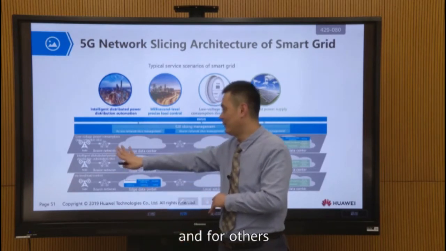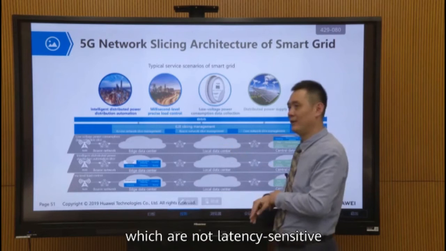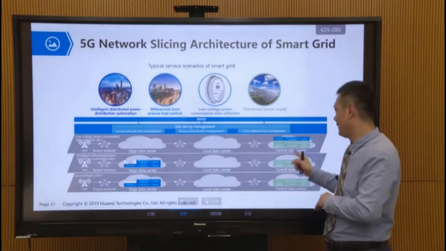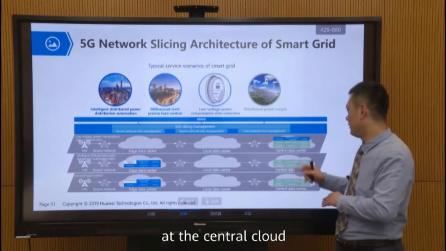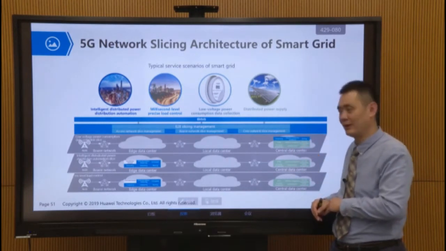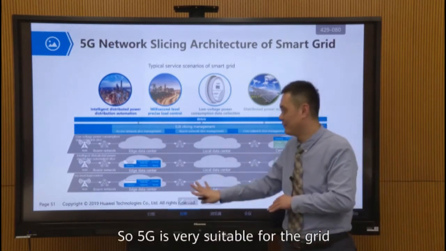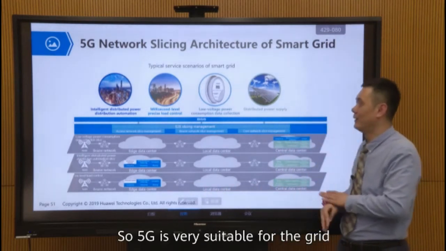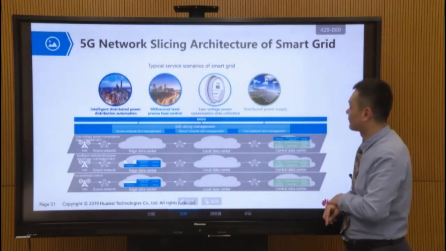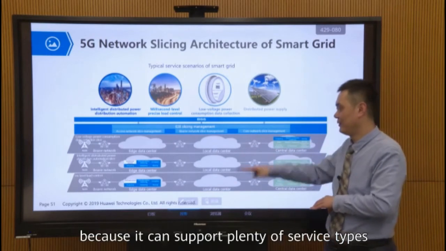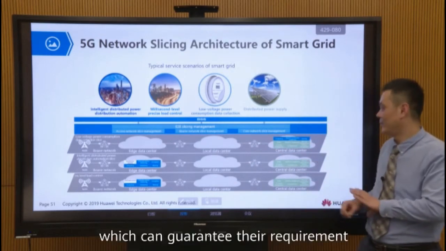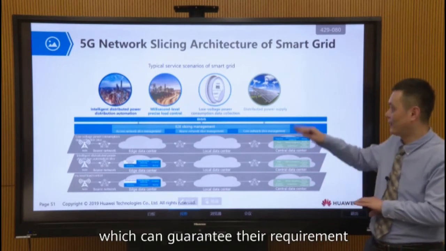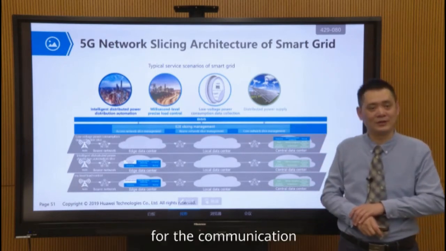And for others which are not latency sensitive, the application can be deployed at the center cloud. So 5G is very suitable for the grid because it can support plenty of service types and guarantee their communication requirements.